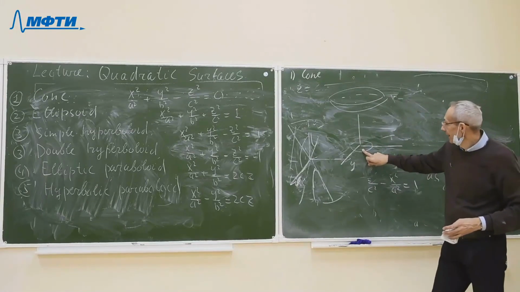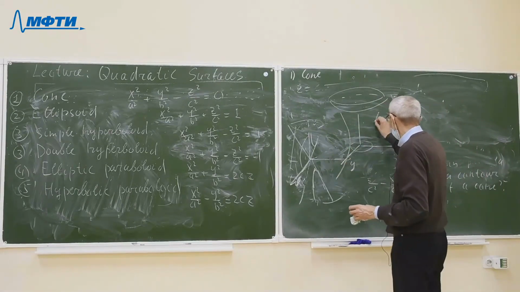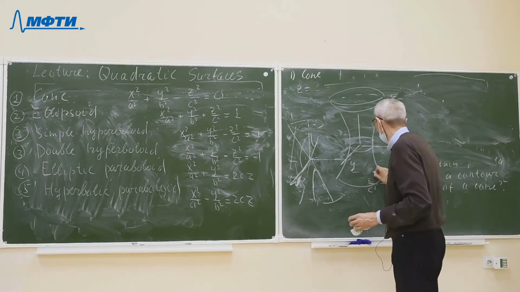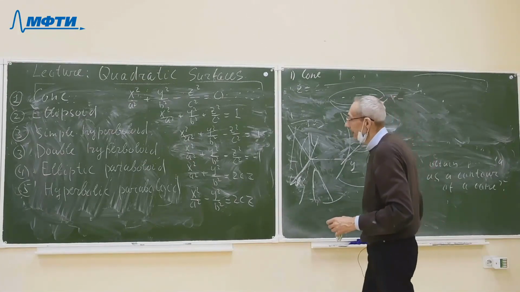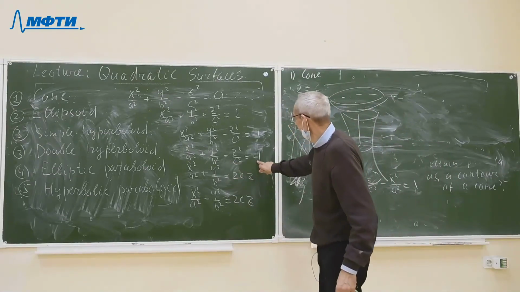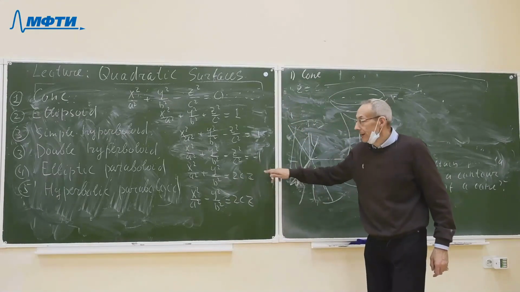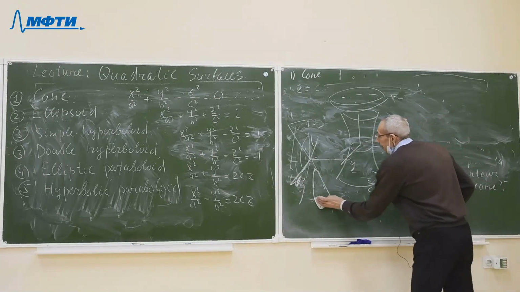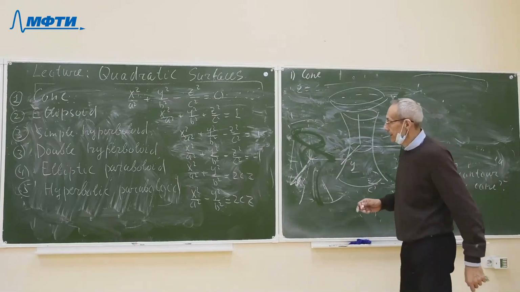Ellipse and hyperbola. And we obtain the simple hyperboloid. In this case, we change the sign.